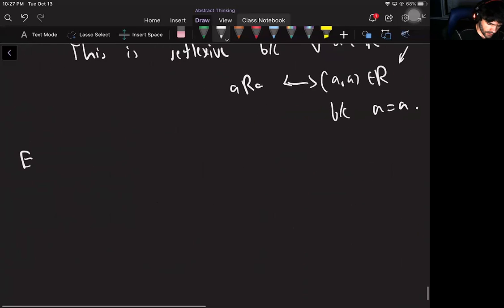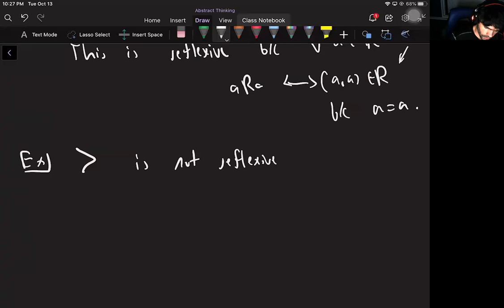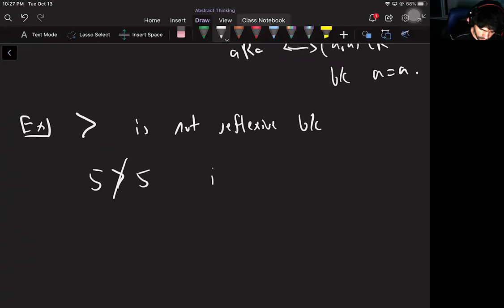So let's see something that's not reflexive. How about greater than? We looked at that earlier. It's not reflexive. Just very quickly, well, because 5 is not bigger than 5. In fact, x is never bigger than x. But I only really need one counterexample.